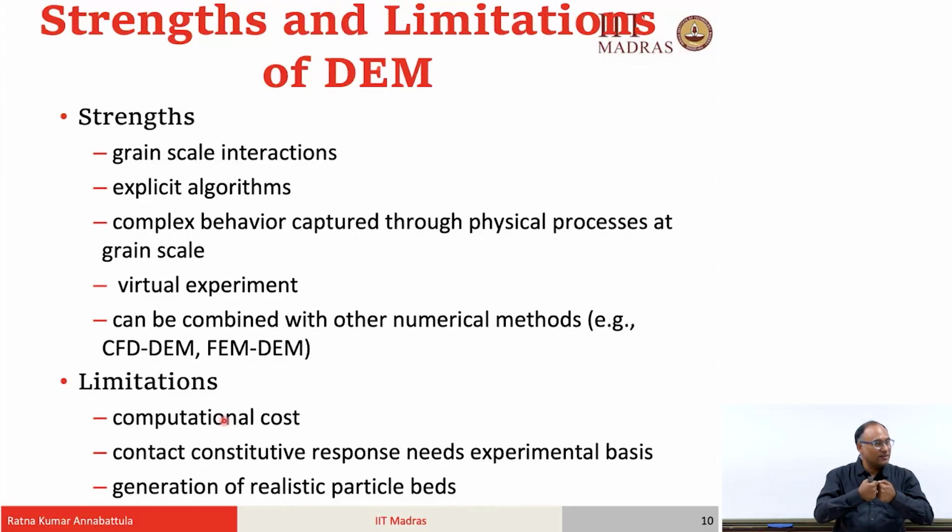What do I mean by that? When I say contact constitutive relation, it is basically some sort of force displacement response, how the force and interpenetration are related. Like force and displacement are related through the stiffness of a spring, where stiffness is the constitutive property.